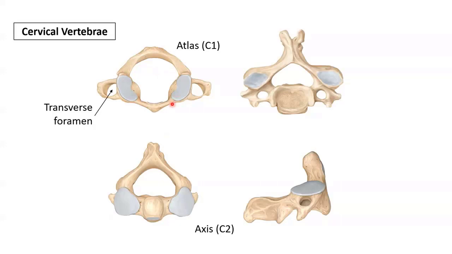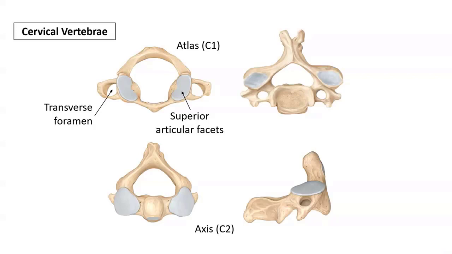So you can see there's no body of the vertebra here and no spinous process. But it does have these 2 surfaces on the superior side called superior articular facets. And these articulate with the occipital condyles on the occipital bone of the skull and allow your head to actually nod yes.